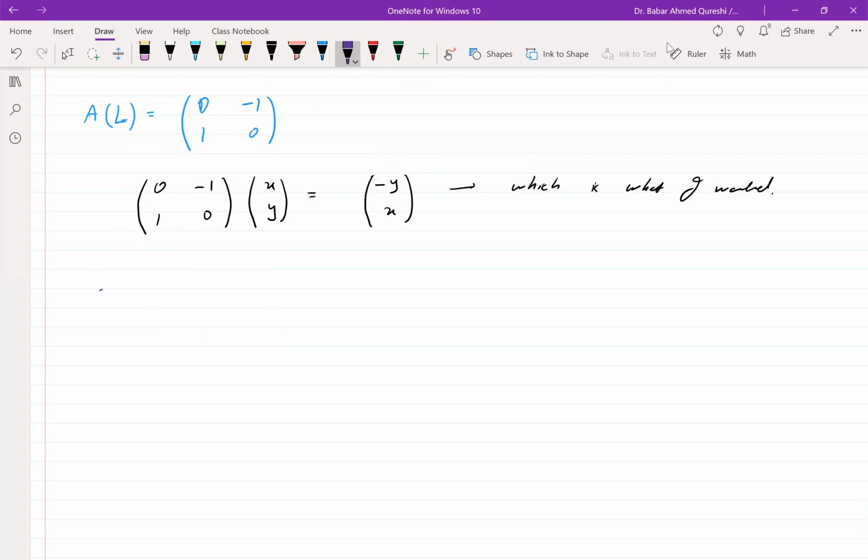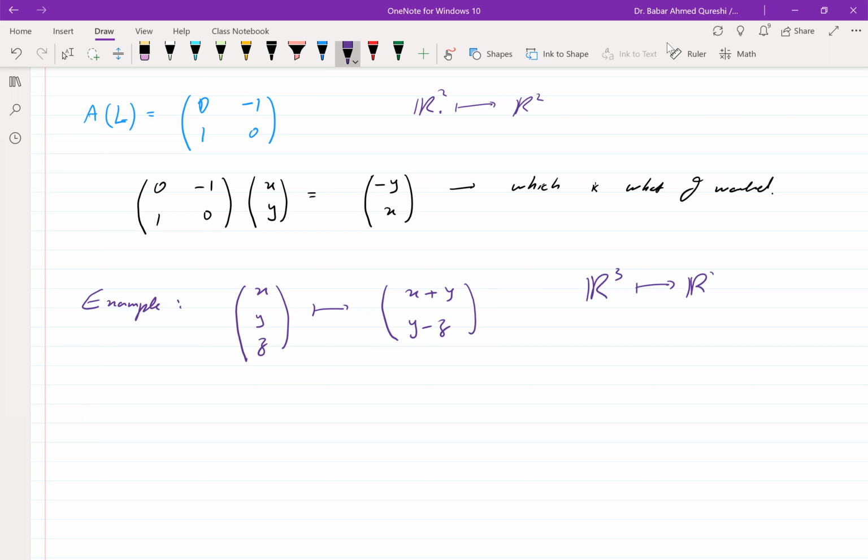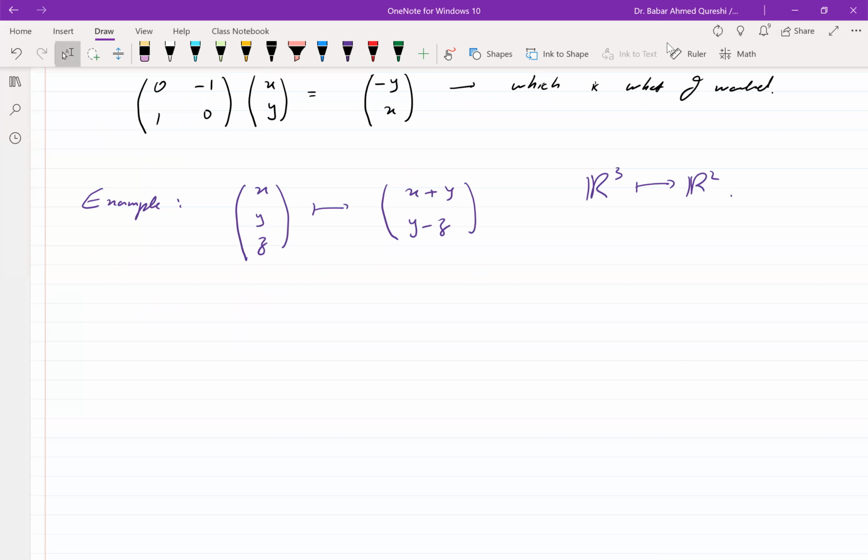So we had discussed this example. Let's take this, which was from R2 to R2, but as we have seen, it doesn't have to be the same dimensional space. Let's take this example from R3 to R2. To compute the matrix, all you have to do is apply this transformation on the basis vectors.